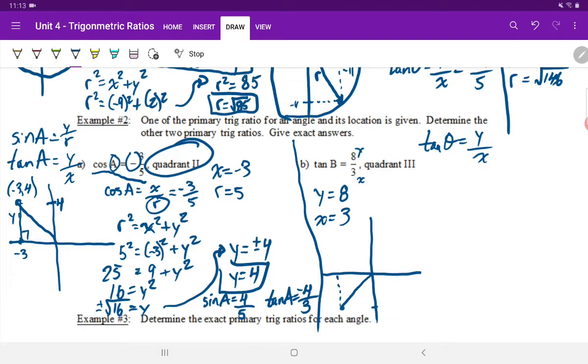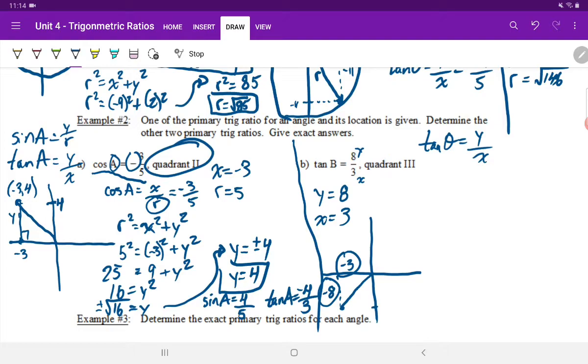Something weird is happening here. If we're in quadrant 3, how could we have a positive 3 here and a positive 8? It must be that they were both actually negative, because negative 8 over negative 3 would equal 8 over 3. There's no way we can be in quadrant 3 and have a positive 3 for x and a positive 8 for y.